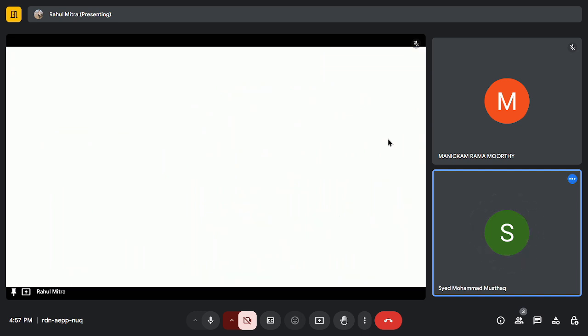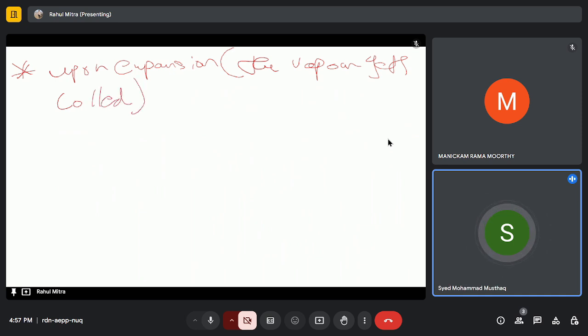What happens? Upon expansion, the vapor cools. And because of that, we have coalescence, and we have nanoparticles.